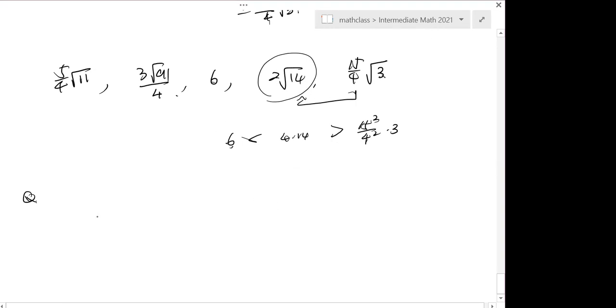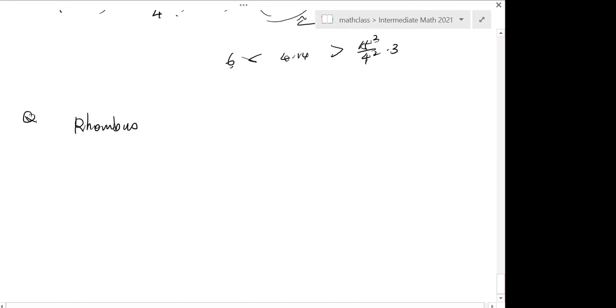This is called a rhombus, right? What is it called? Rhombus.